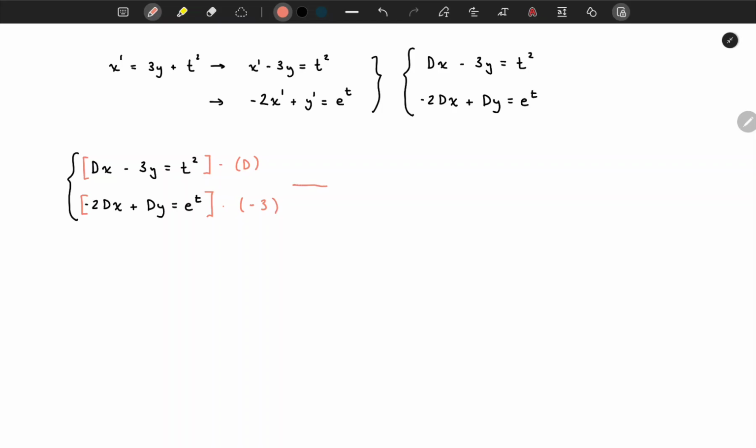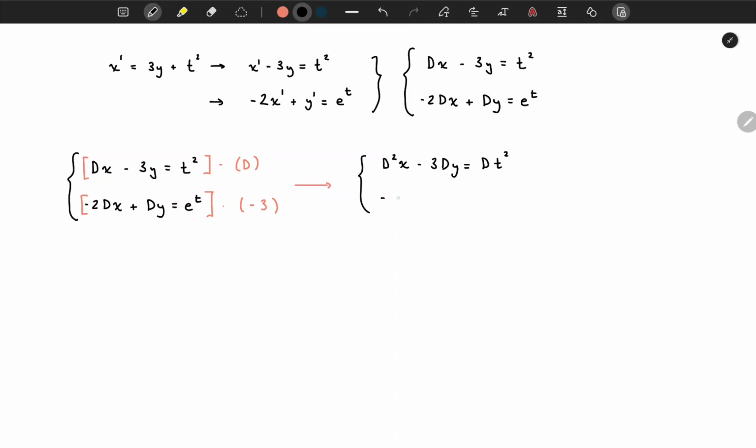Now if we go ahead and do that, this will give us D squared x minus 3Dy, which is equal to D of t squared.